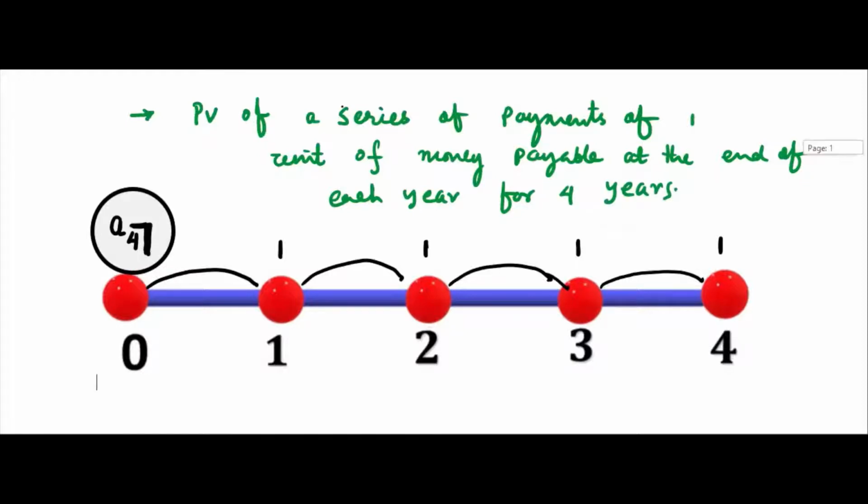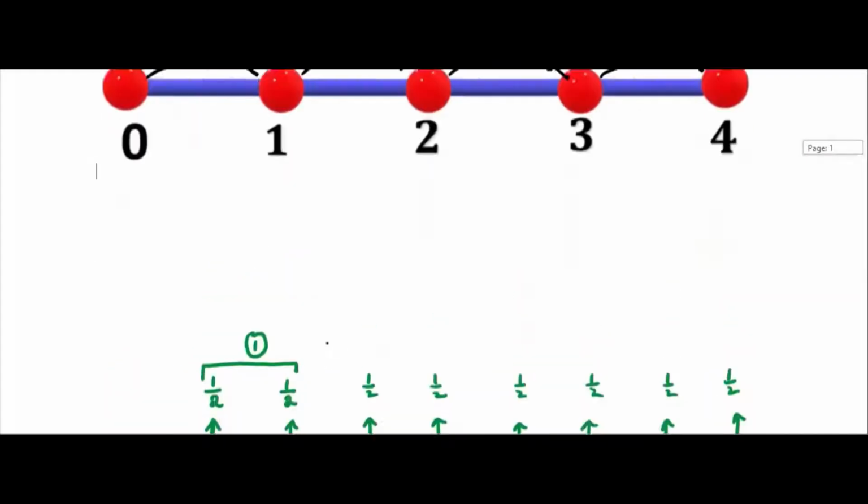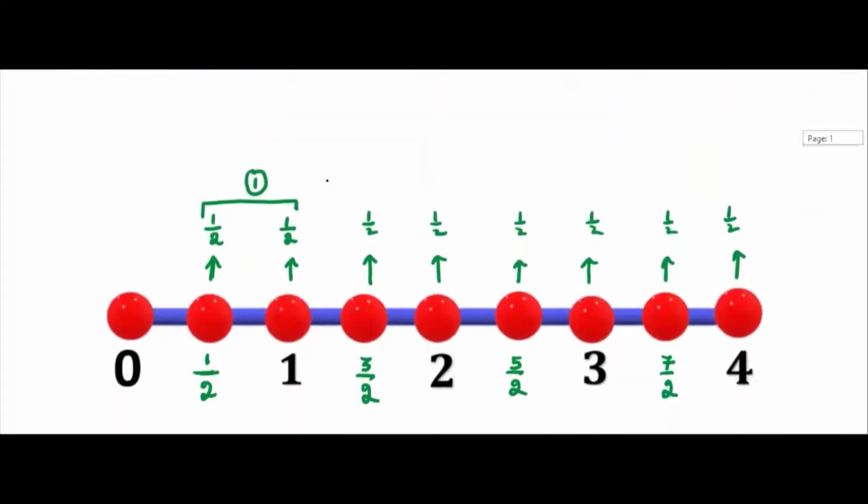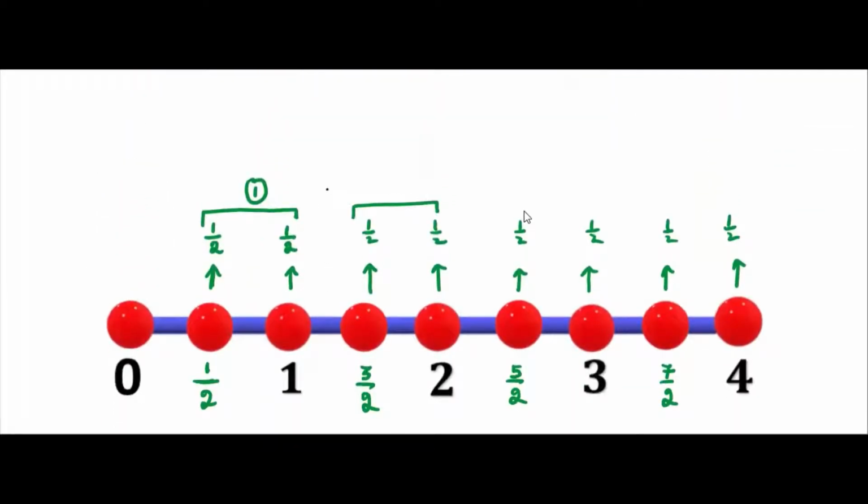Now going from here to here, this one A4, then here also you have 1 here, 1 here. So in total you have 1 anyway. Now you need to find the present value here.